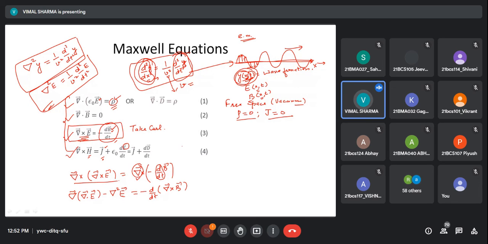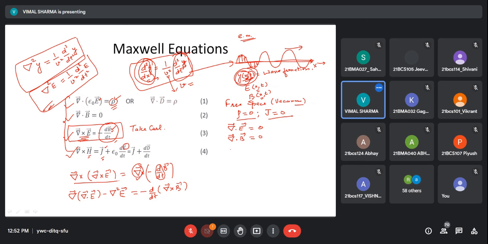So with these changes, I can rewrite my Maxwell's equations for free space. My first Maxwell's equation becomes divergence of E, which was earlier rho divided by epsilon naught, and now rho is zero, so it is zero. My Maxwell's equation number 2 will remain as it is, no change.